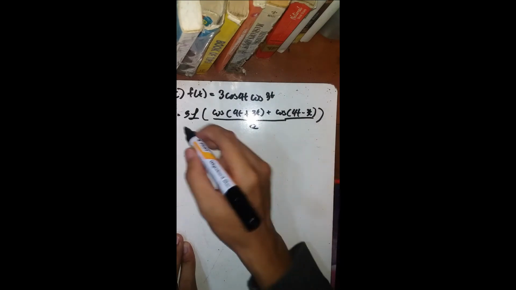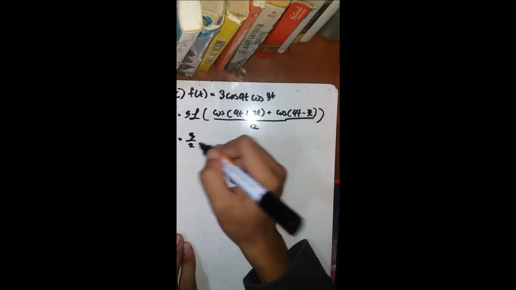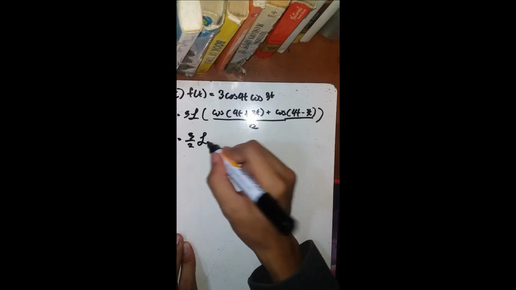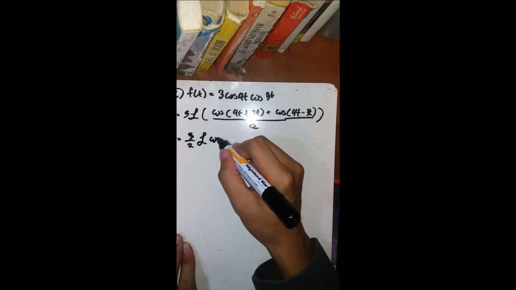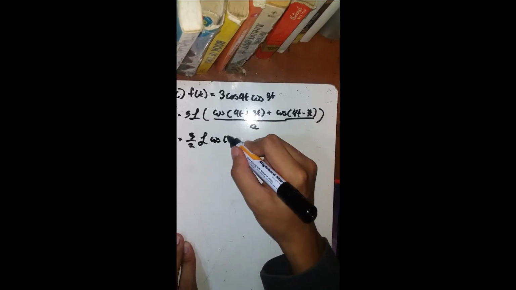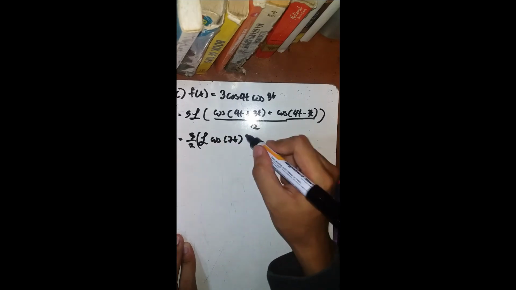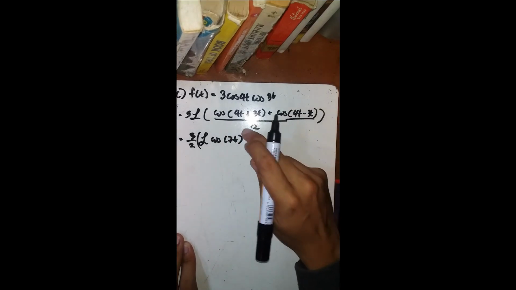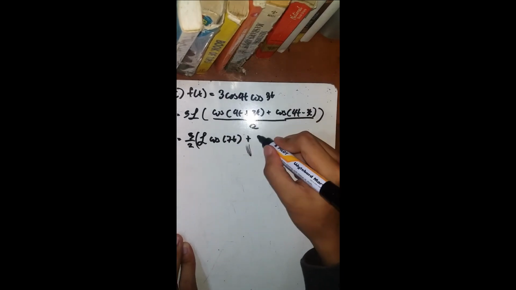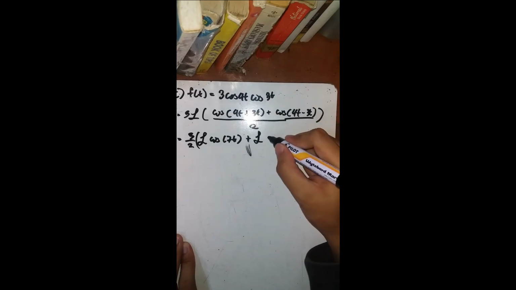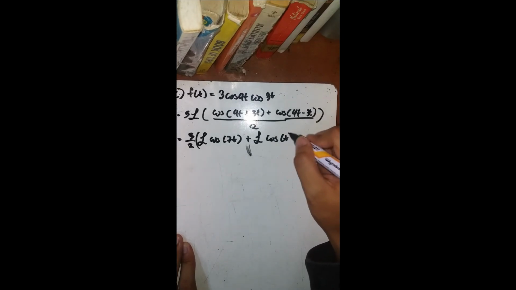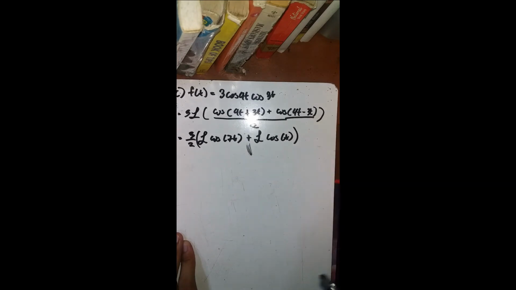So we took out again the constant here, so this becomes 3 halves of Laplace. I have here cos 7t, put parentheses here, then we have plus the Laplace of cos t.